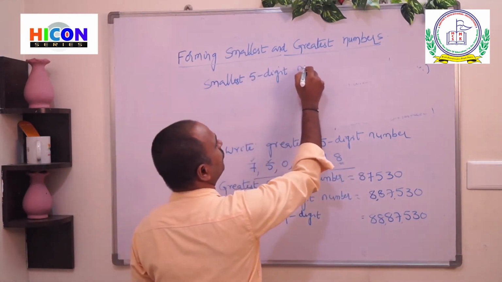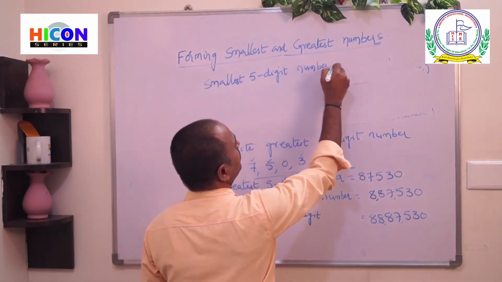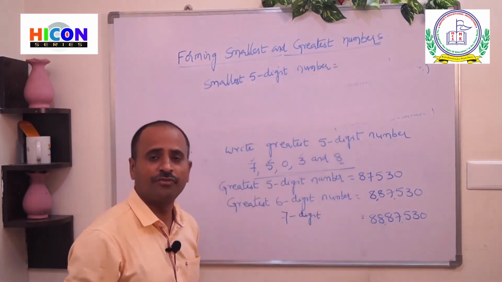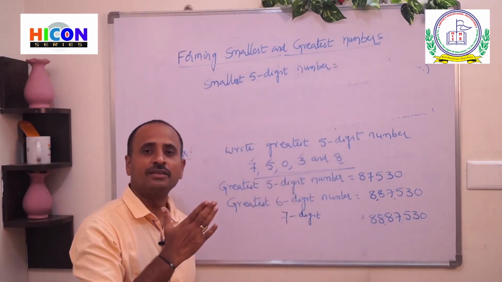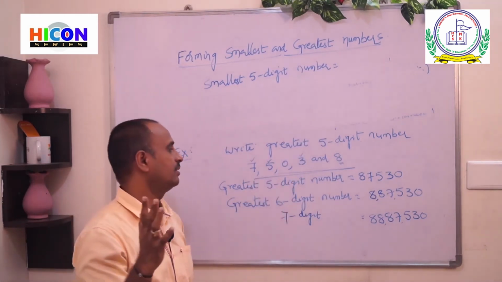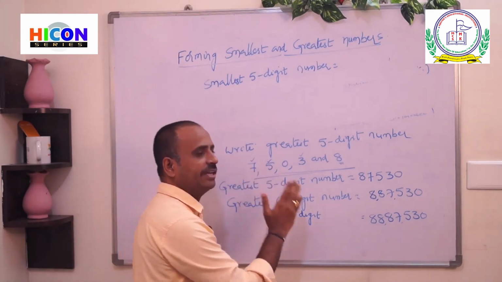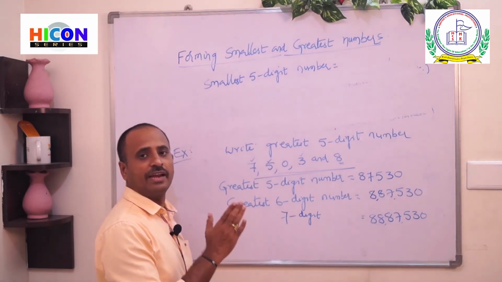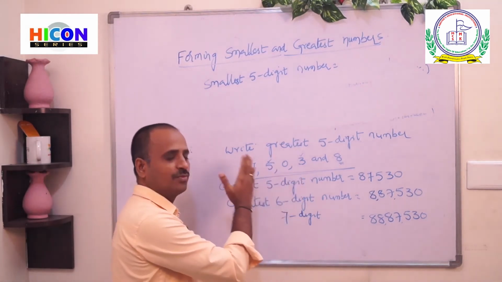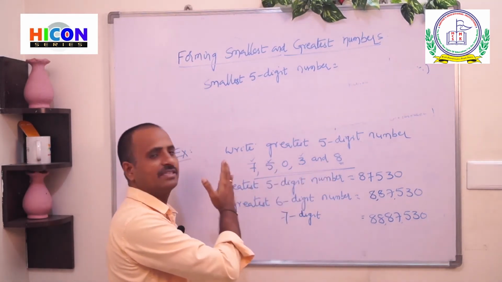We obtain it by arranging the given digits in ascending order, that means from smallest to greatest.